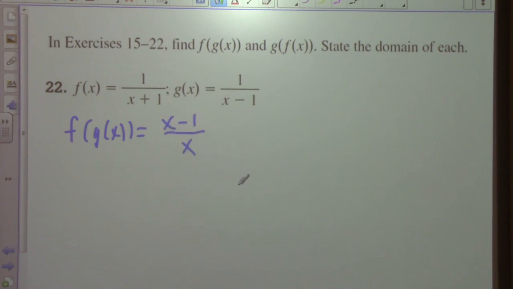Is that what you got? Okay. And also domain's going to be x cannot equal 0 or x cannot equal 1.